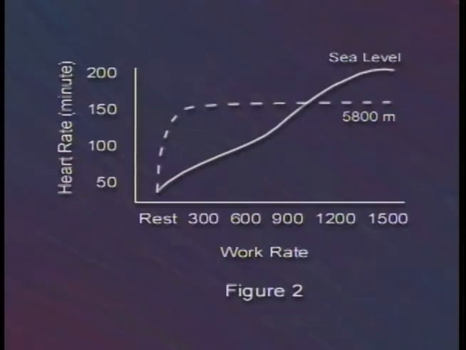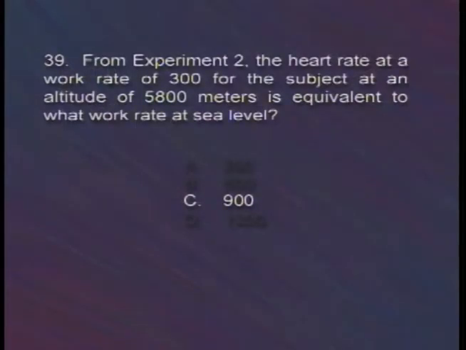The value is approximately 150 beats per minute. This value of 150 beats per minute corresponds to what work rate at sea level? Draw a horizontal line from 150 heartbeats until it intersects the solid line. Then read the value of work rate, which is 900. The correct answer is C.